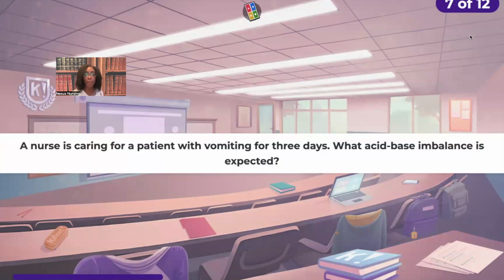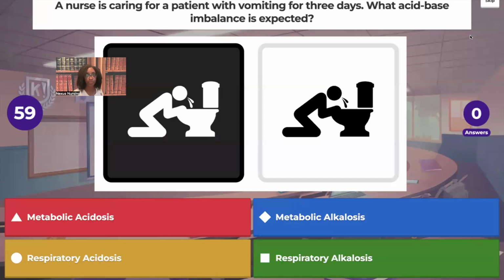All right. A nurse is caring for a patient vomiting for 3 days. What acid-base balance is expected? Vomiting for 3 days. What do you expect that patient's going through? Metabolic acidosis, metabolic alkalosis, respiratory acidosis, respiratory alkalosis.